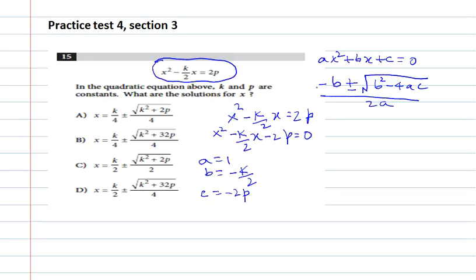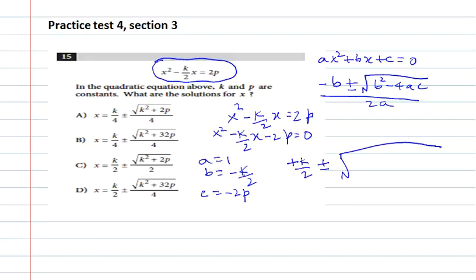So if we plug into this formula, our minus b is what? Minus of k over 2, that's just plus k over 2, right? Plus or minus square root of. So what's our b square?